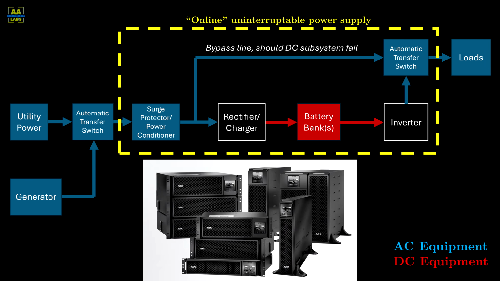Connecting topics now, the highlighted portion effectively represents an online uninterruptible power supply, or UPS. The term online, in this case, means that the inverter remains in use during normal operation. This is optimal in many cases, as the conversion and batteries effectively remove any disturbances in the power supply.